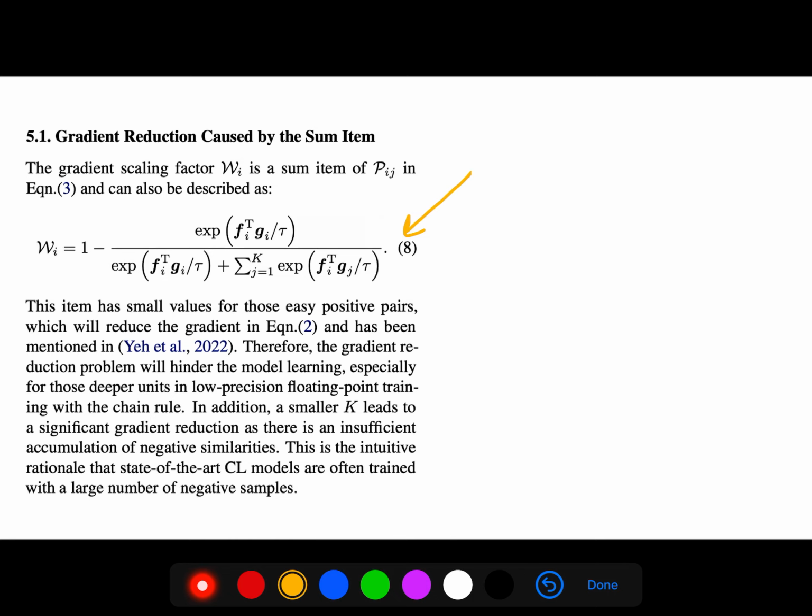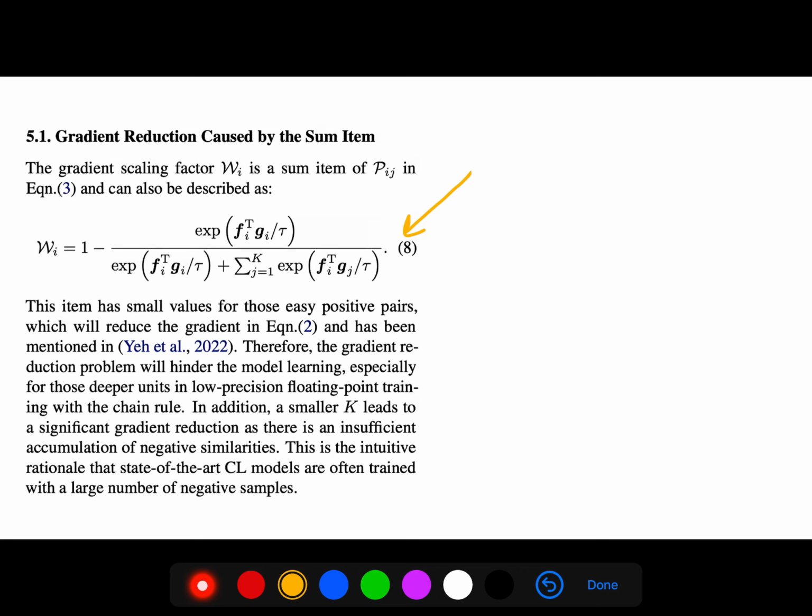Therefore, the gradient reduction problem will hinder model learning, especially for those deeper units in low precision floating point training with the chain rule.